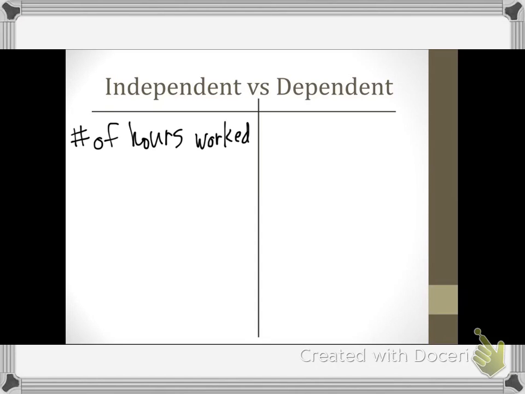And our dependent variable would be the amount of money on our paycheck. So the amount of money I receive on my paycheck depends on how many hours I work that week or that month, however often I get paid.